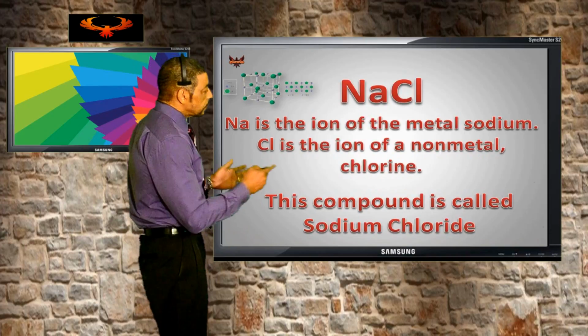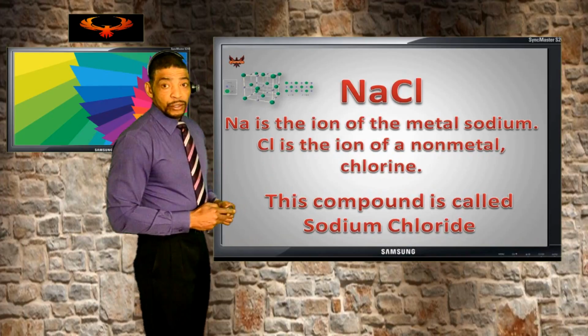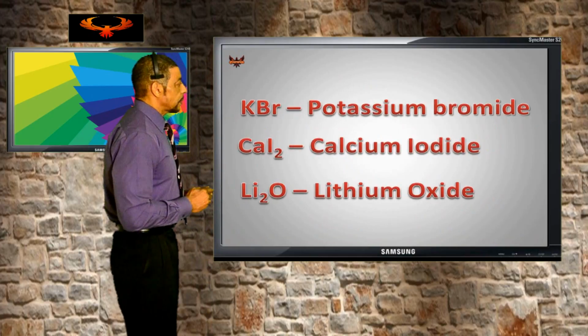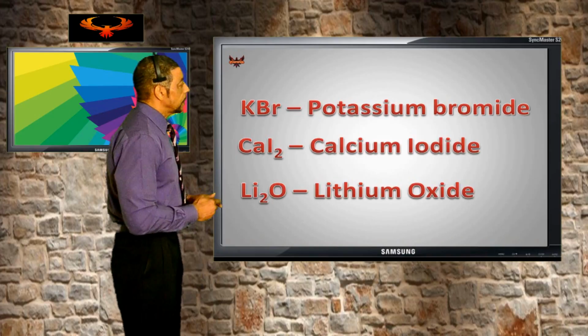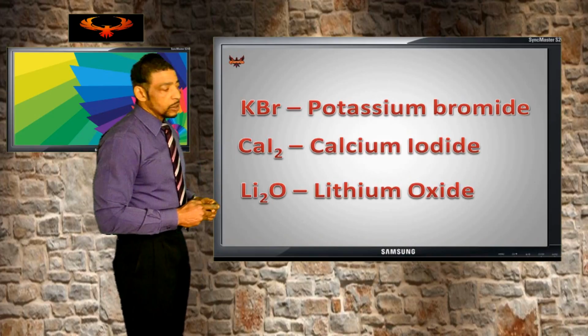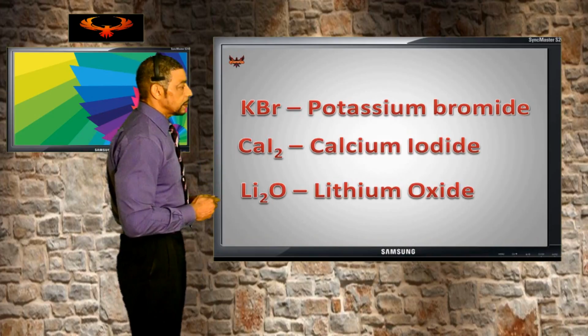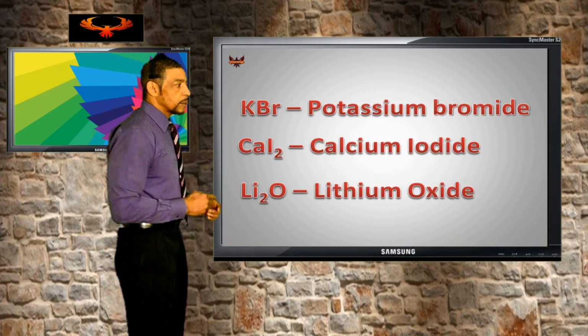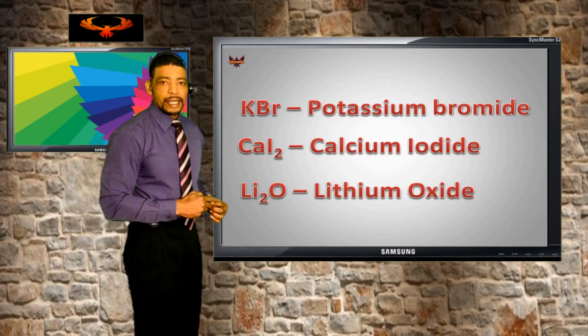Therefore, the name of this compound will be sodium chloride. Other examples of binary ionic compounds include KBr, potassium bromide, CaI2, calcium iodide, and Li2O, lithium oxide.